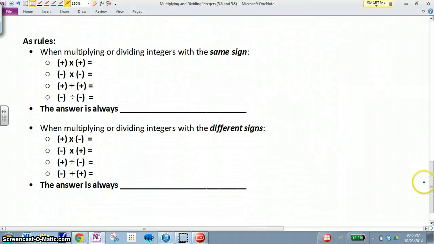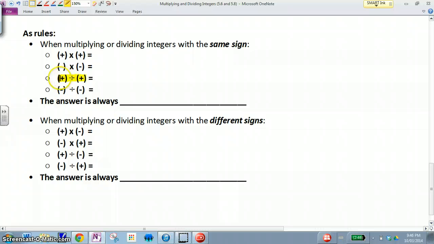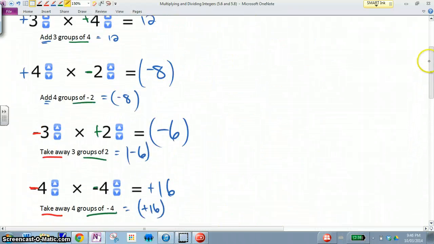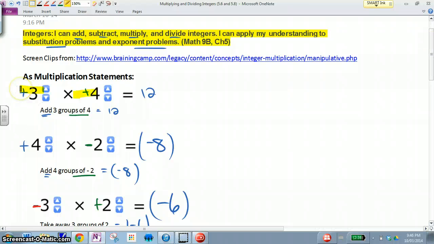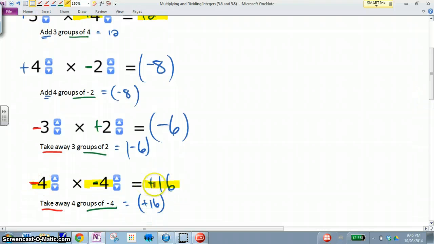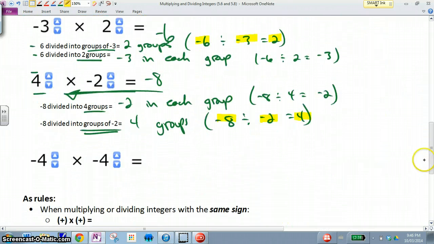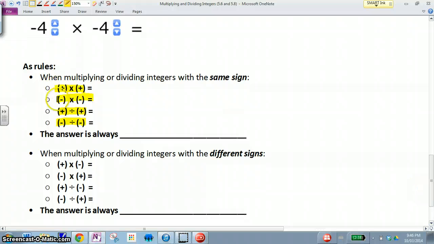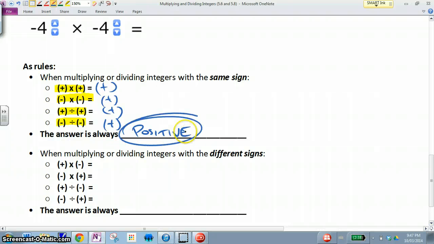So the rule here is when we're dividing positives or dividing negatives, and up here when we're multiplying positives or, in the fourth example, multiplying negatives, every time the signs are the same, the answer is positive. Answers are always positive.